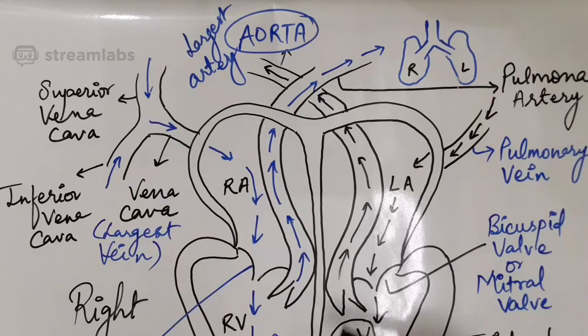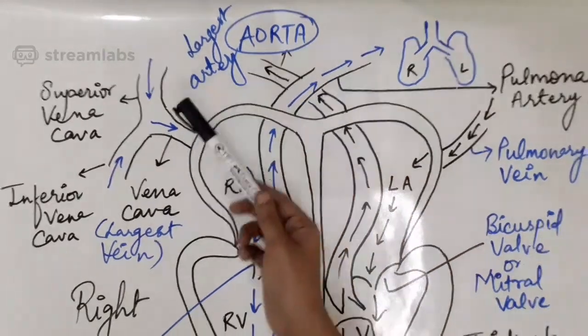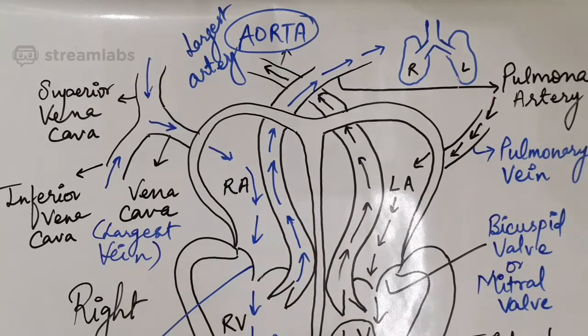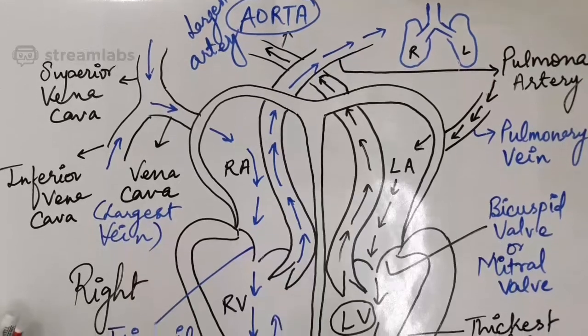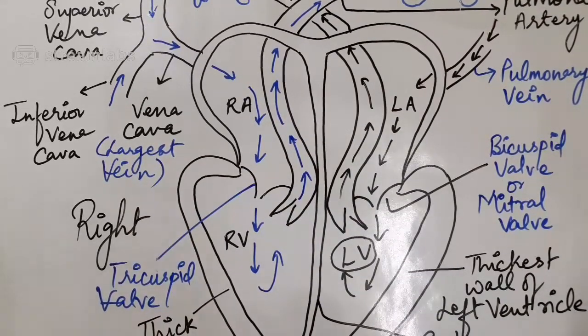Left ventricle pushes the pure blood with great pressure through the largest artery called aorta. And between the two sides of the heart is present the thick wall known as septum.